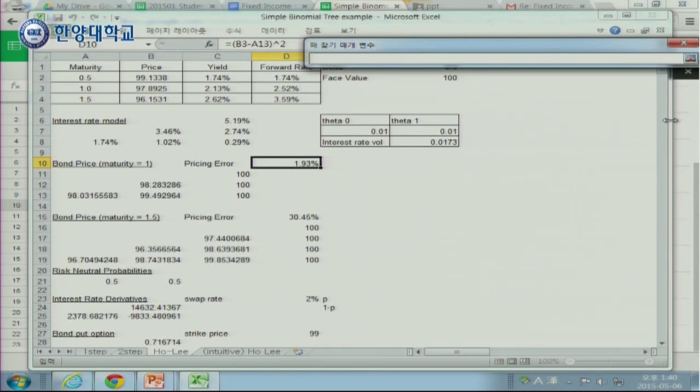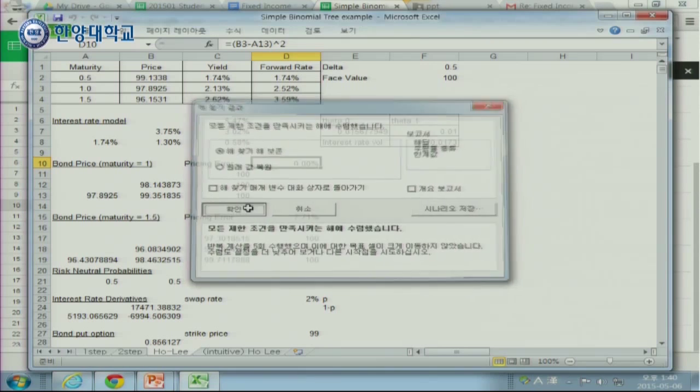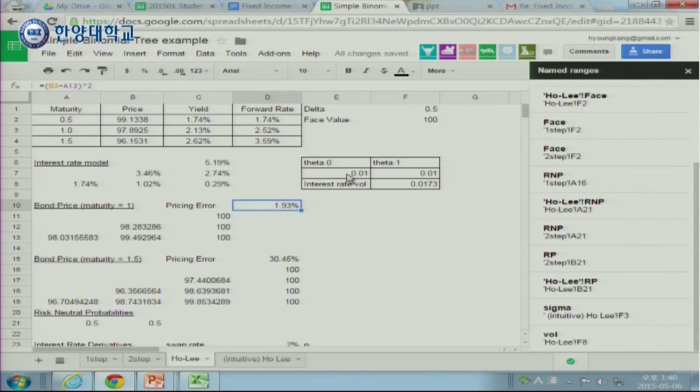Which one should I change? 세타 0. Done. Okay? So first, theta 0, the first component of the Ho-Lee model, theta 0 is this one. So I copy and paste, and then this one. Done. This is 0. So it exactly matches the bond price.